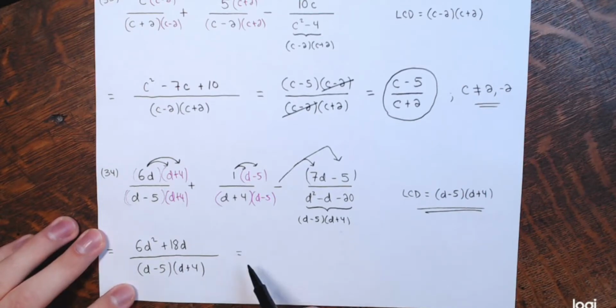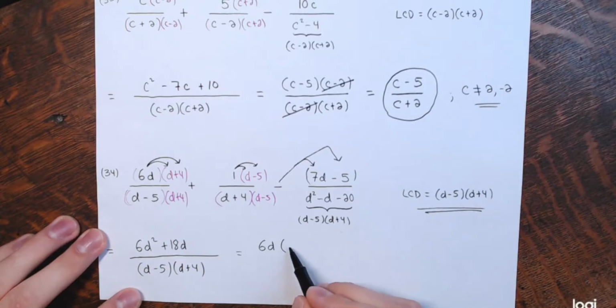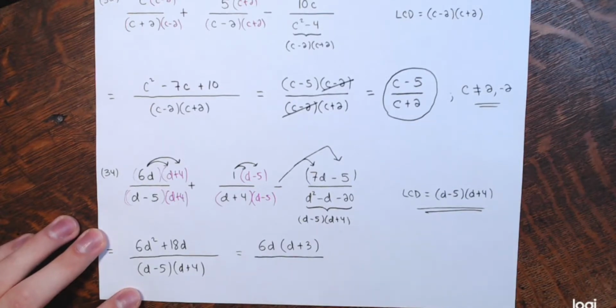Now, you can factor that further, right? They have a common factor of 6d. And if I pull out 6d, I'm left with d plus 3, divided by the LCD, d minus 5 times d plus 4.